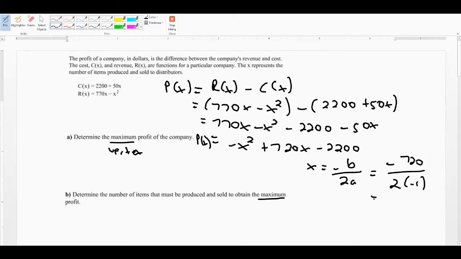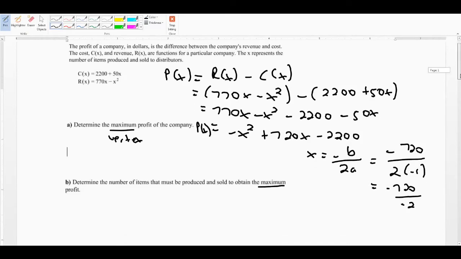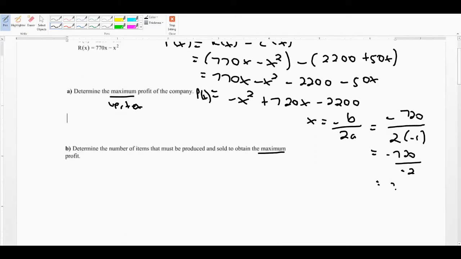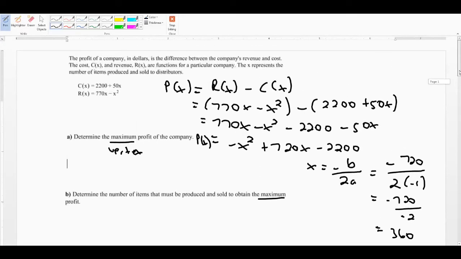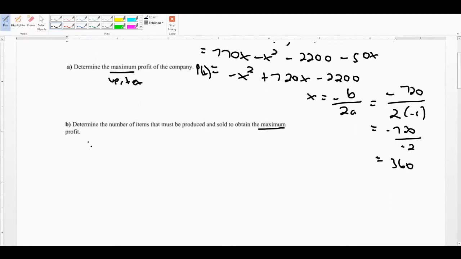It's actually a 1, negative 1 in this case. So it's negative 720 over negative 2, which is a positive 360. So stop right there. The number of items that must be produced and sold to obtain the maximum profit, well, that's what x represents. If you read the problem, x represents the number of items produced and sold. And that's what we just found. So this one is 360 items.